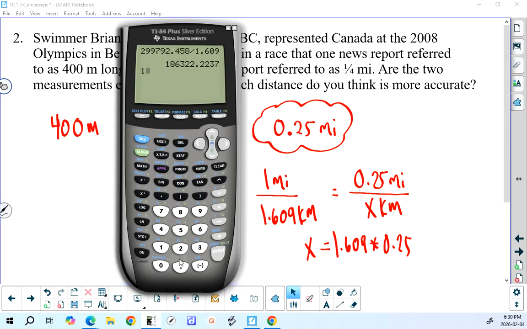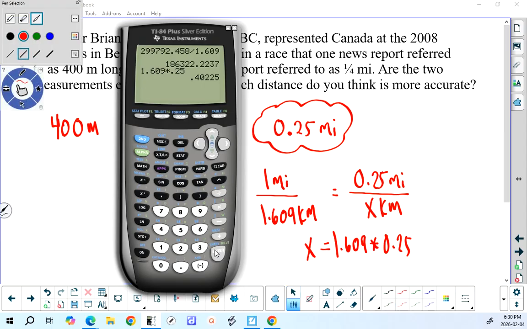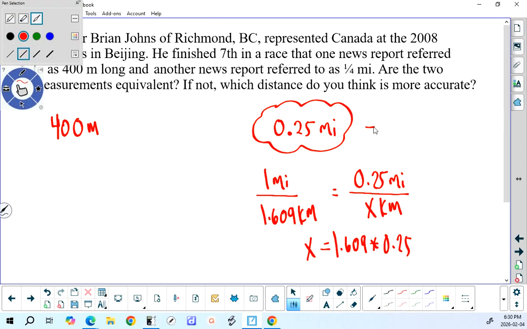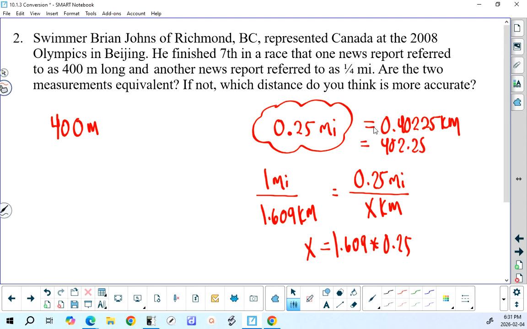So 1.609 times 0.25 is 0.40225 kilometers. Which is 402.25 meters. You just multiply kilometers by 1000.